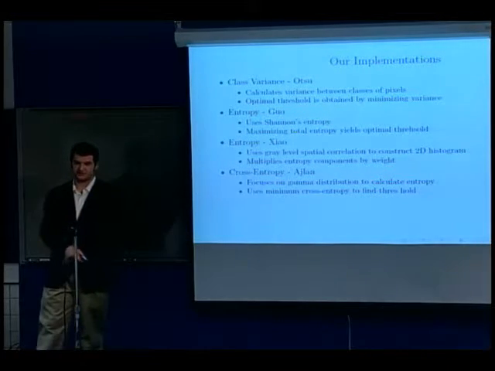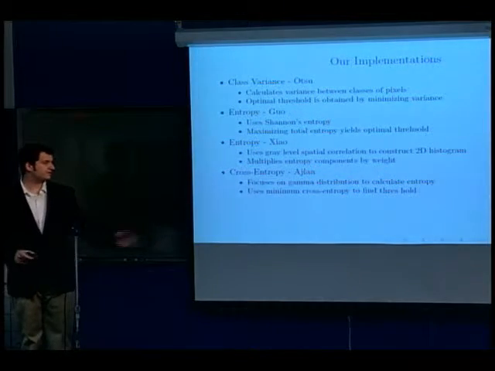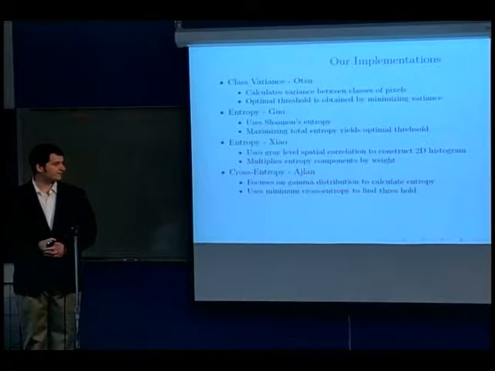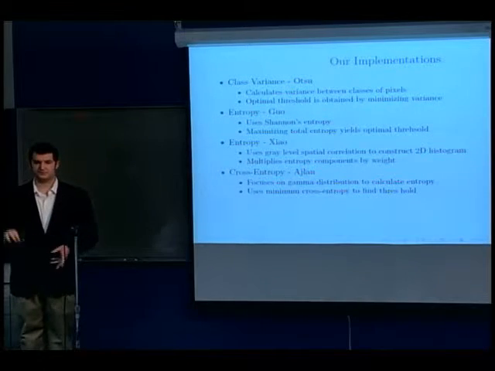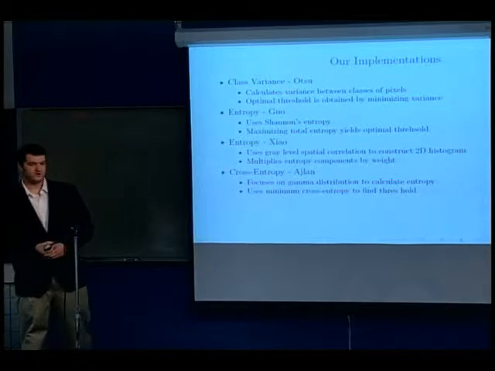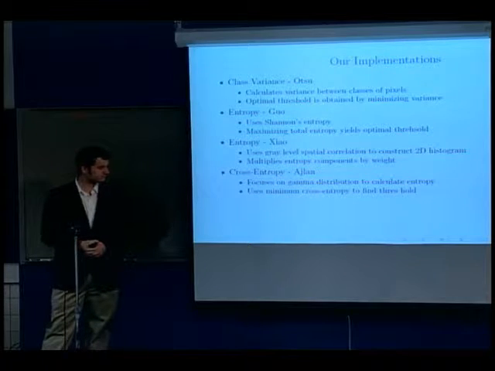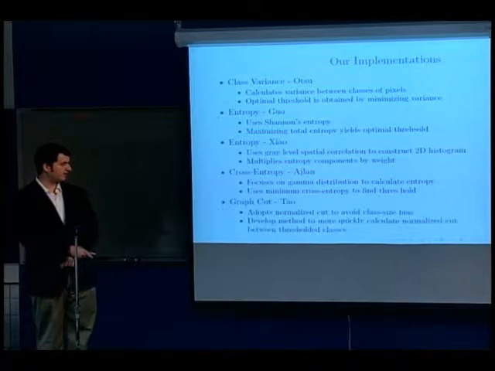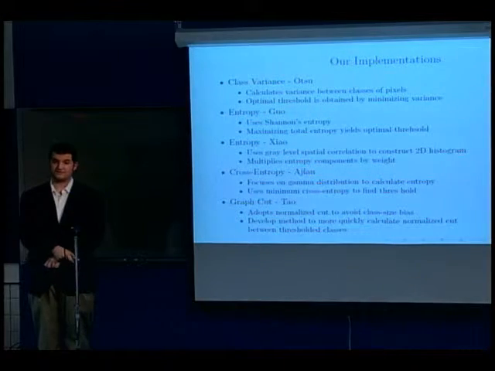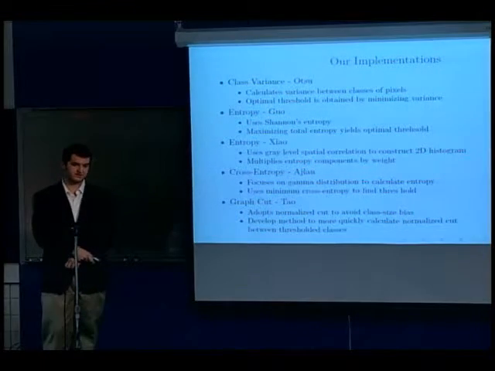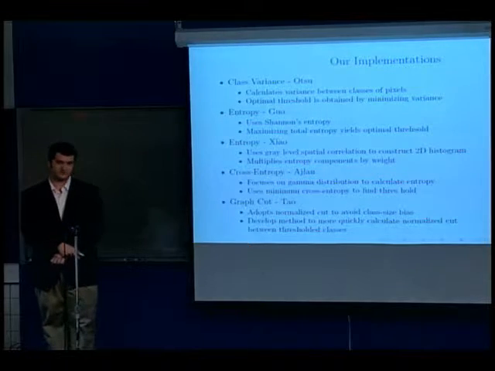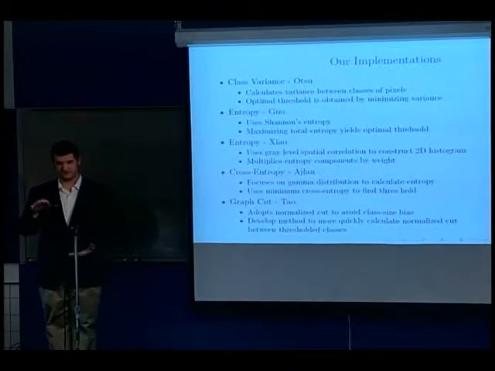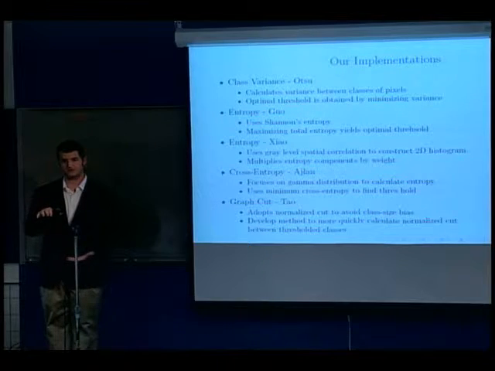Another method we used, proposed by Ajlan, as opposed to the Gaussian methods used previously, focuses on gamma distribution using Poisson models and minimizes the cross entropy of an image to find the optimal threshold. The graph cut algorithm we implemented was by Tao only a few years ago, and it uses a faster version of a brute force graph cut method.